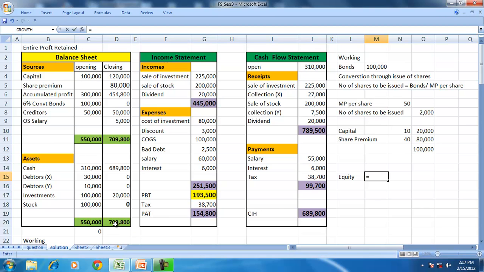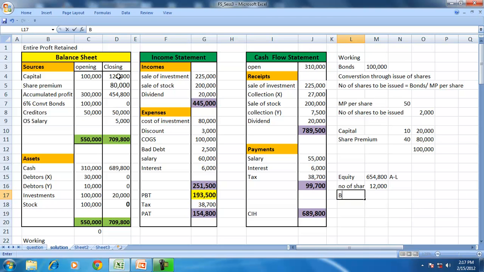Equity at the end of the year is assets minus the liabilities. The liabilities are outstanding salary, outstanding creditors, and outstanding bonds. So the equity is equal to A minus L.